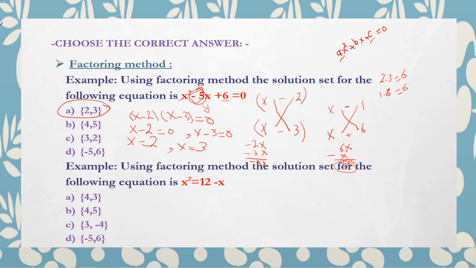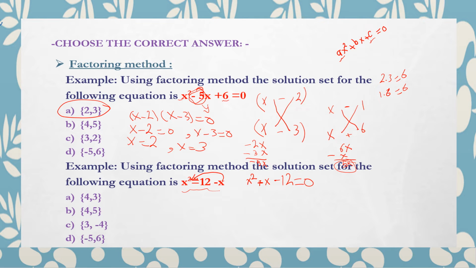Another example: by using the factoring method, the solution set for the following equation x^2 = 12 - x is: The first step again is to transform this equation into the standard form, which is ax^2 + bx + c = 0.